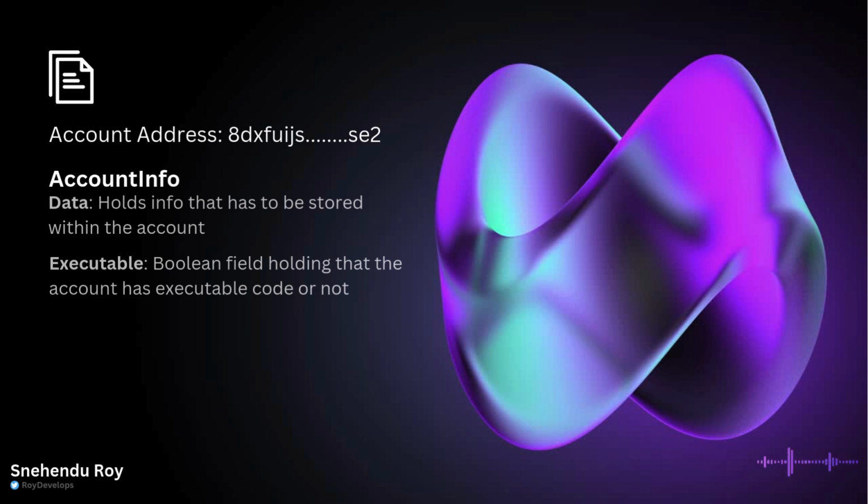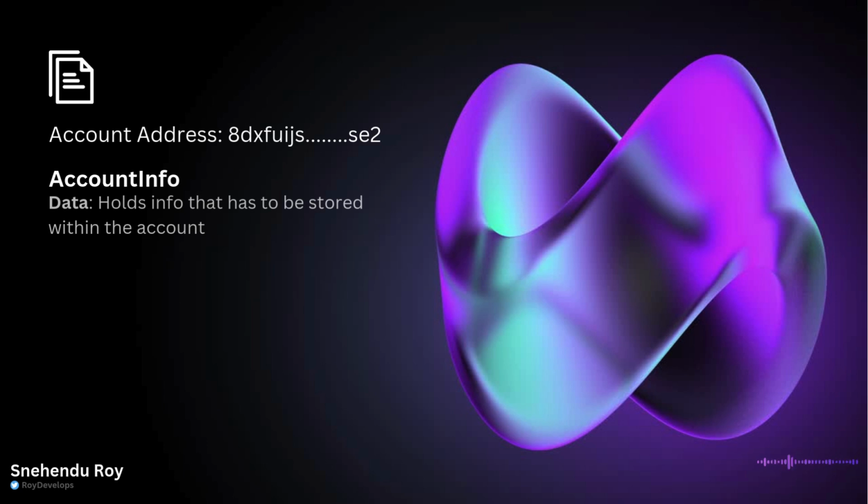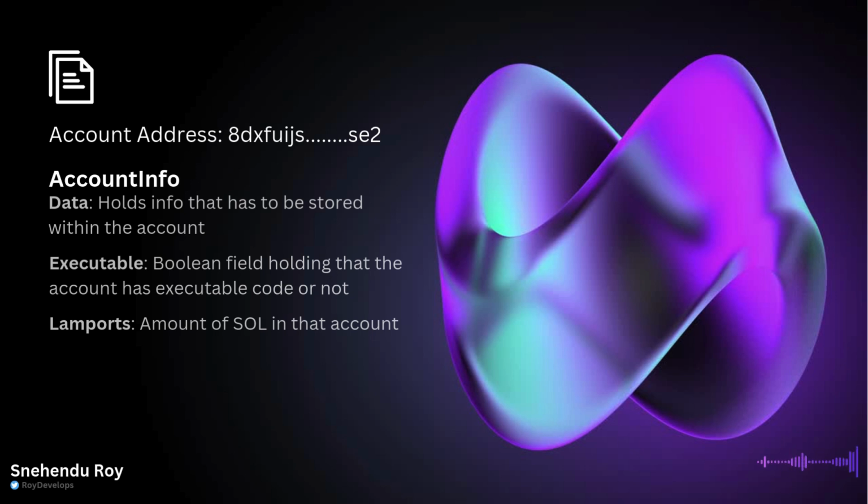Now the third component is lamports. Lamports are the smallest unit of SOL. SOL is the native cryptocurrency of Solana. Basically, when you create a smart contract or an account to keep data inside it, you need to give some rent to the Solana blockchain.